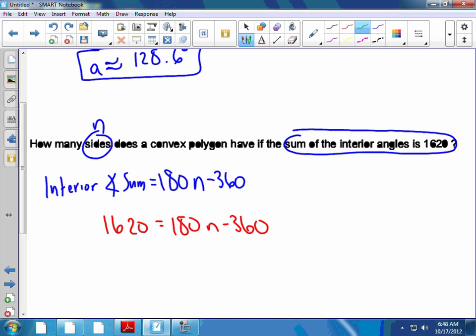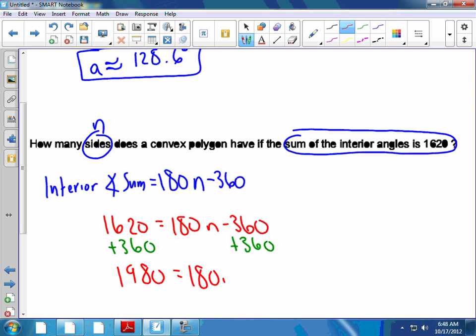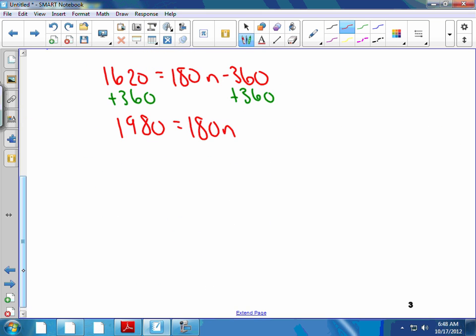So if I solve this, just like algebra, I'm going to add 360 to both sides, which gets me 1,980 equals 180n. And divide by 180.